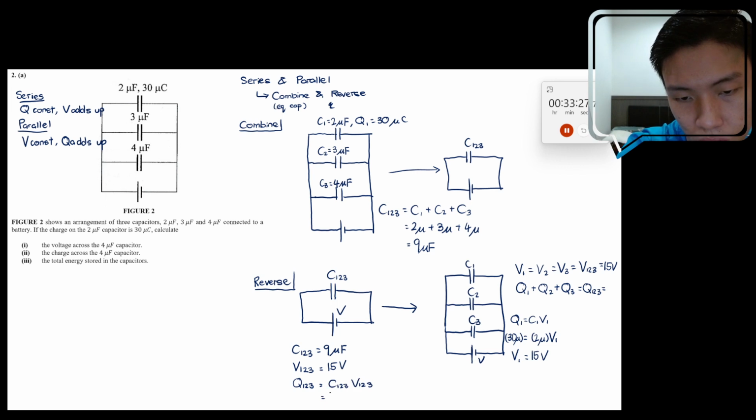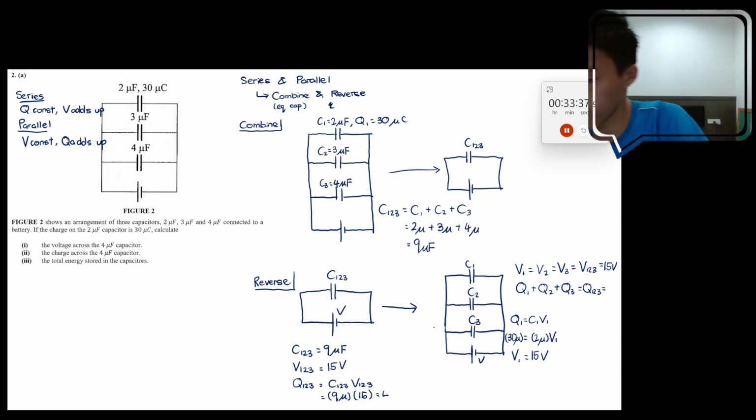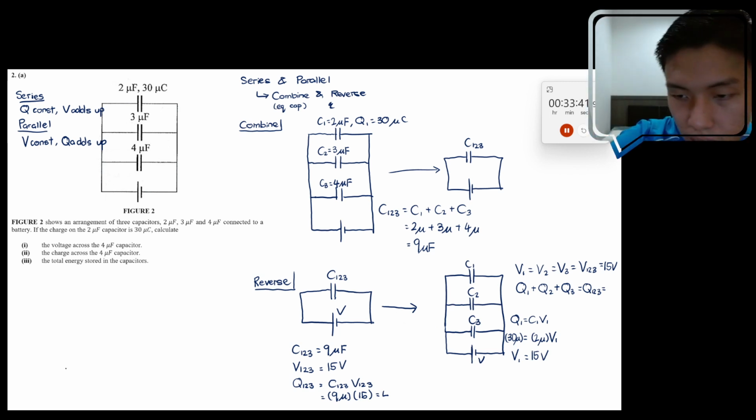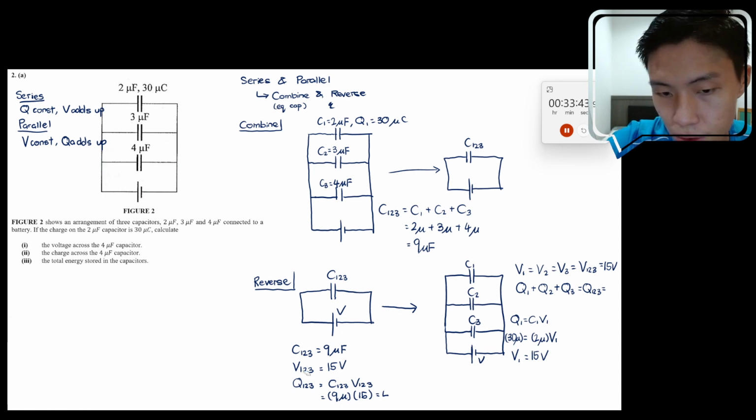C123 is 9 microfarad, V123 is 15. So you get 135 microcoulomb.